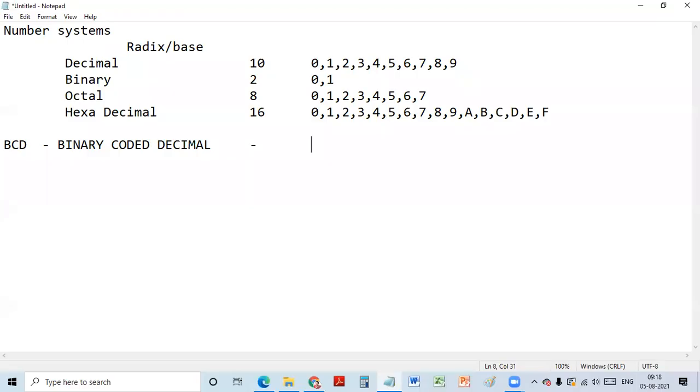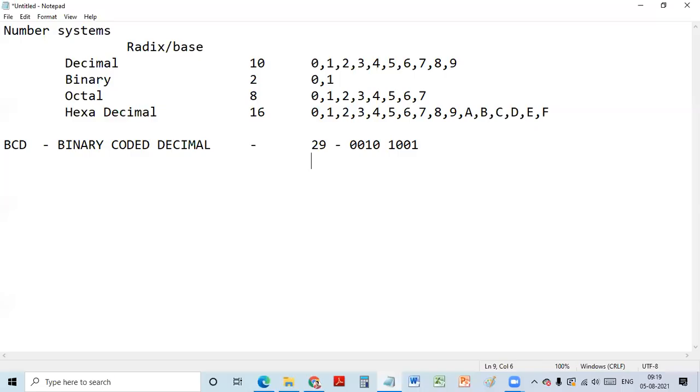For example, if a number is 19 or 29, what is the corresponding BCD of 29? Binary coded: 0010 1001. Okay.